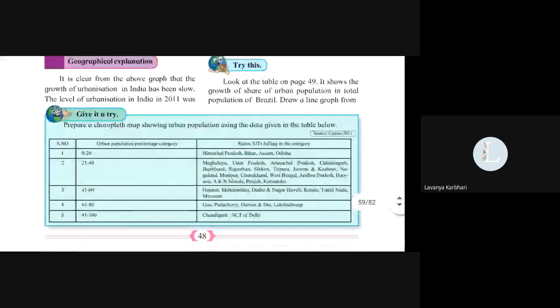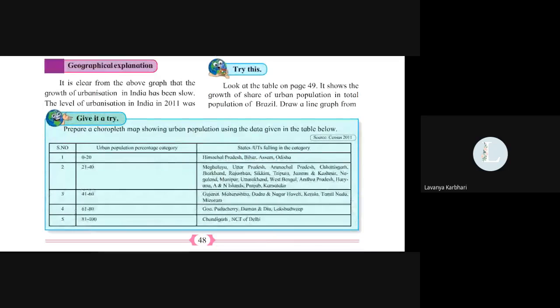So, geographic explanation. It is clear from the above graph that the growth of urbanization in India has been slow. We already discussed that the graph is very steady. Steady growth. The population is moving towards the cities, and that's why there is urbanization. And in India, it has been very slow.